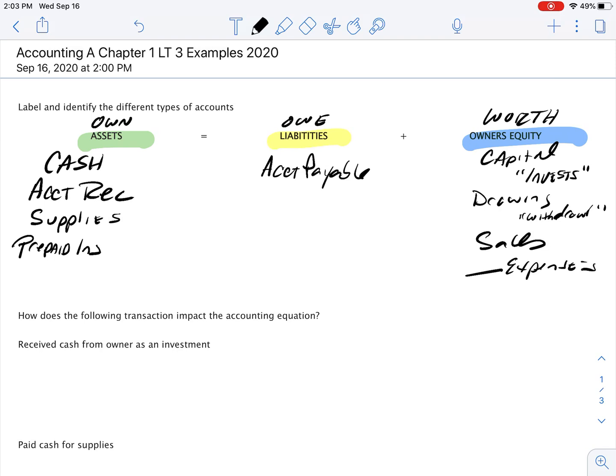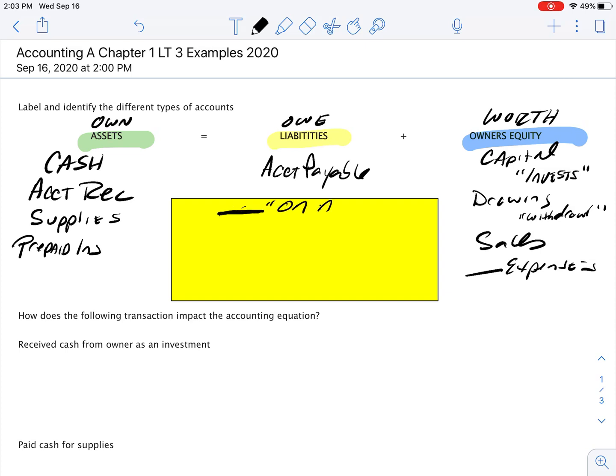Now, to help clarify accounts payable and accounts receivable, there's a real easy way to look at this. Anytime you see something that says blank on account, it means one of two things. It's either going to be accounts receivable or accounts payable.